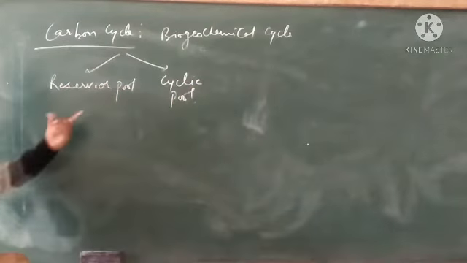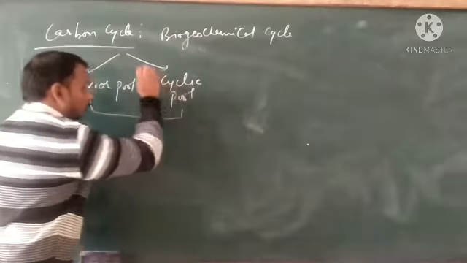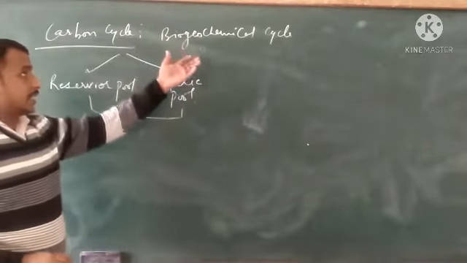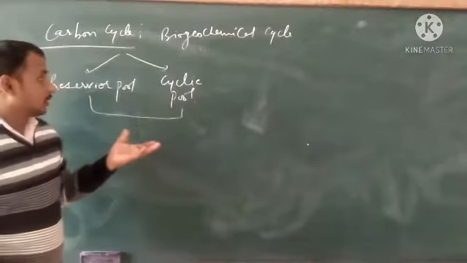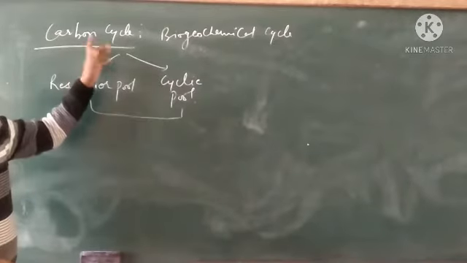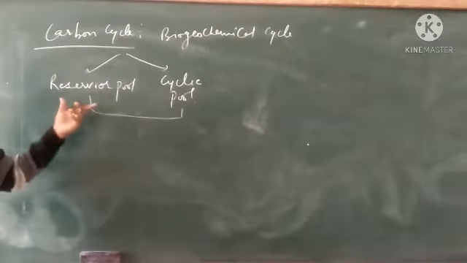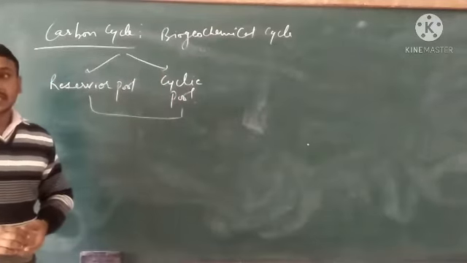The circulation of carbon between these two pools, through certain chemical reactions, comes under the biogeochemical cycle.